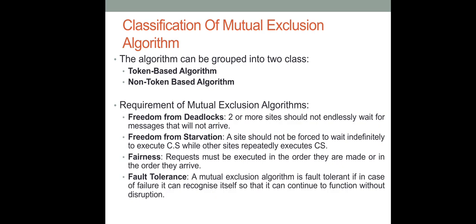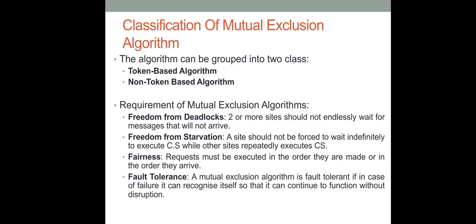Those rules, or the consensus, will be made in such a way that at any point in time only one processor will be satisfying all the criteria that the algorithm has set.